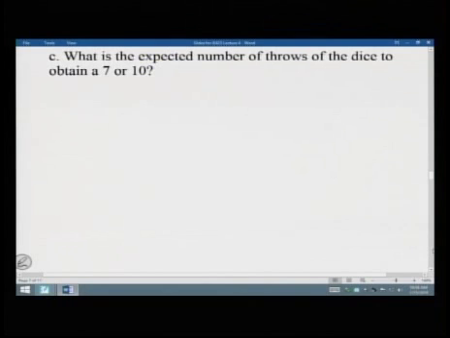Right. Exactly. Great. So again, last time we considered the geometric distribution.